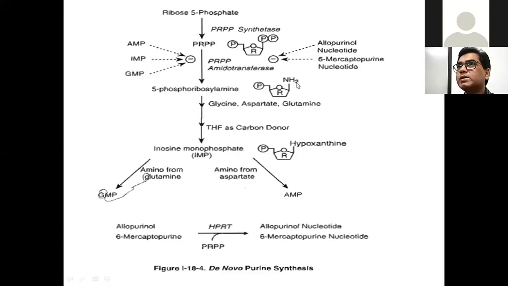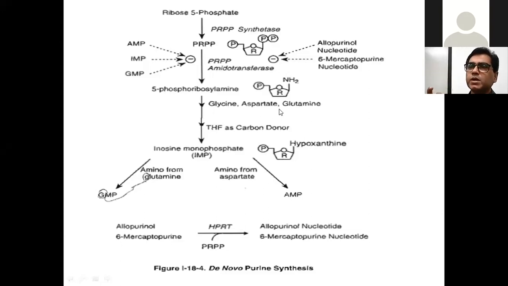And why is it adding one amino group within it? Because it has to borrow some of the carbons, nitrogens, oxygen molecules from different types of amino acids, from glycine, from aspartate, from glutamine. So these are the donors of the components of these purine rings.